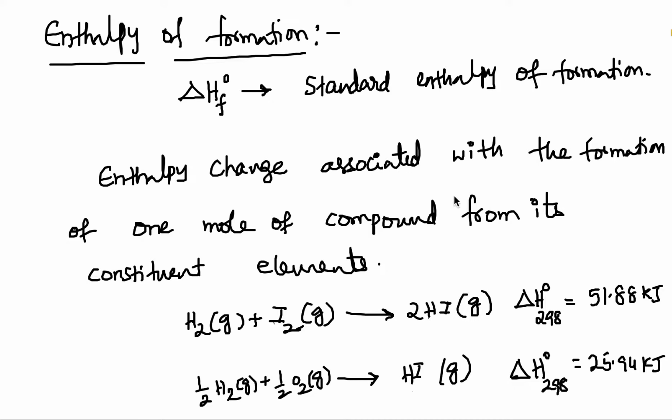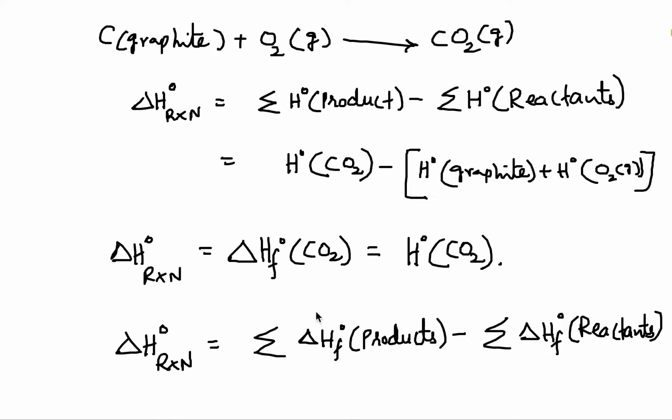If you clearly have a look at the definition, it is associated with the 1 mole of formation. So in the reaction enthalpy, when we write the enthalpy of products, if there are, let's say, 2 moles of a particular substance formed, we must multiply that 2 with the enthalpy of formation of the product if it is a product, and if it is a reactant we must place it here.